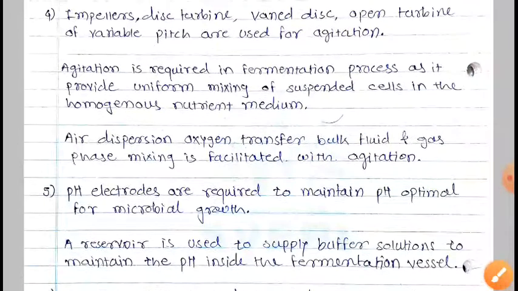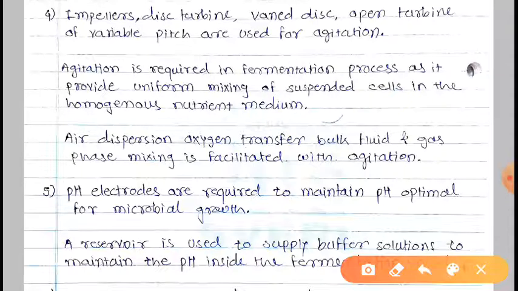Then next is the impeller, disk turbine and vent disk. Open turbines of variable pitch are used for agitation. The main importance or role of these impellers is to provide the agitation.